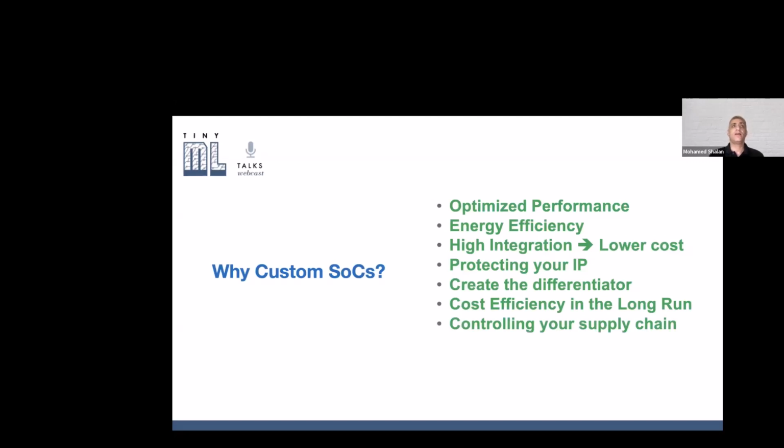And in addition to this, you control your supply chain, because you own the chip, you own the design, and it's all about having access to the foundry to fabricate your parts whenever you need, if you run out of stock. You don't depend on suppliers or even vendors to provide you with this.